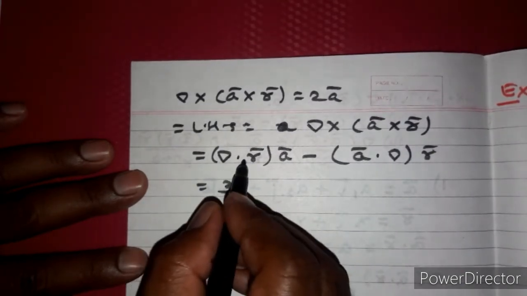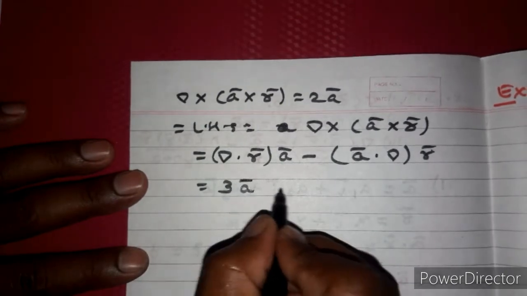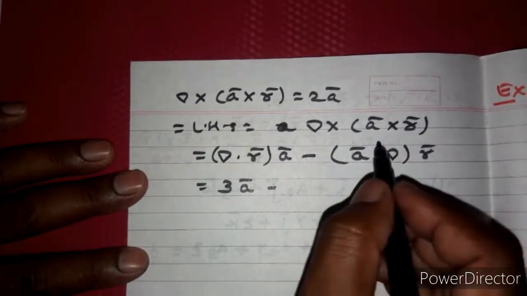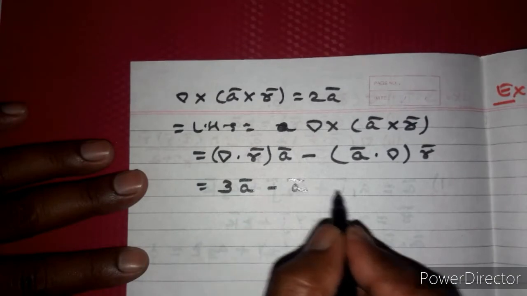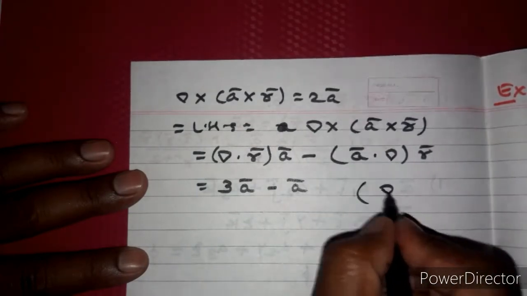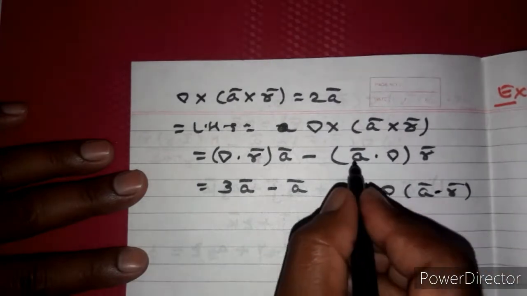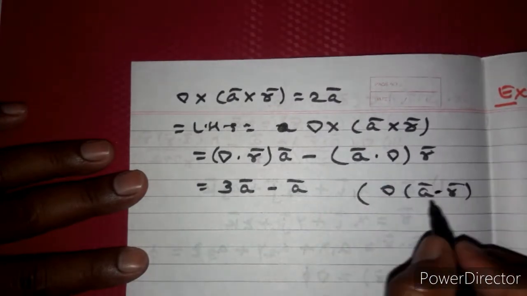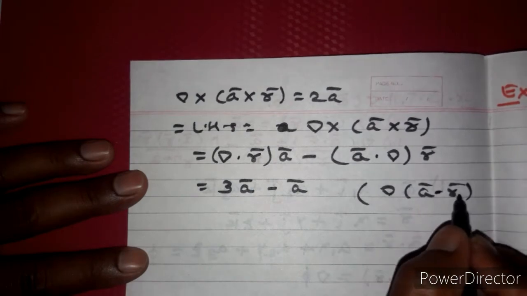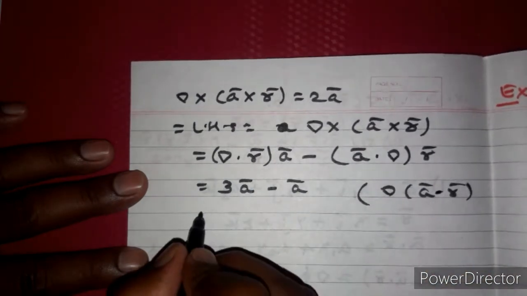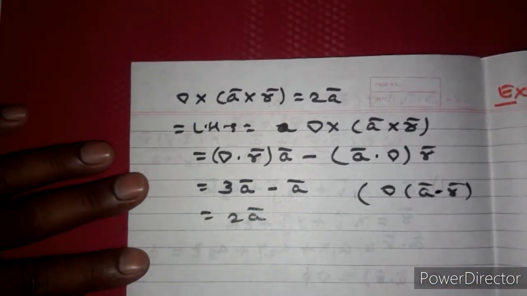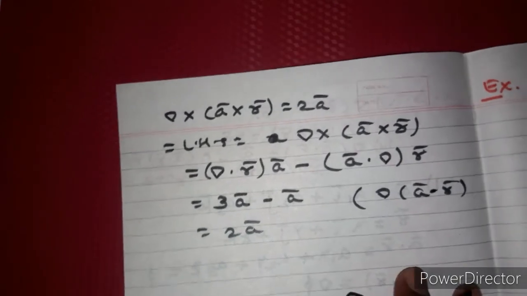Del dot r bar we have proved it is 3, so 3a bar minus this one. We proved it is a bar, because this function we can write as del of a bar dot r bar; a constant we can write outside or inside, it doesn't matter. So our answer is 2a bar. This is our second identity.